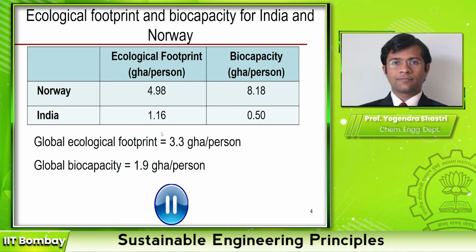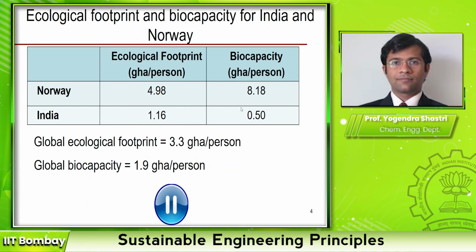In fact, if everybody had an ecological footprint like a typical Indian individual, that value is lower than the global biocapacity. So sustainability is definitely likely. And people who are living in Norway actually have a much higher impact, and they need to shift to a sustainable lifestyle and reduce their ecological footprint.